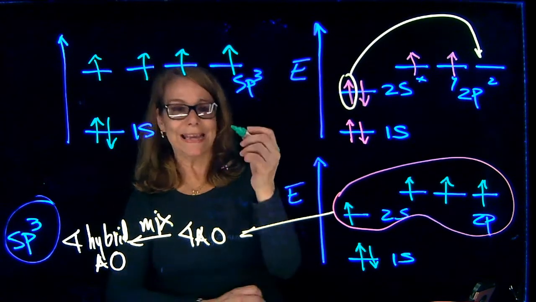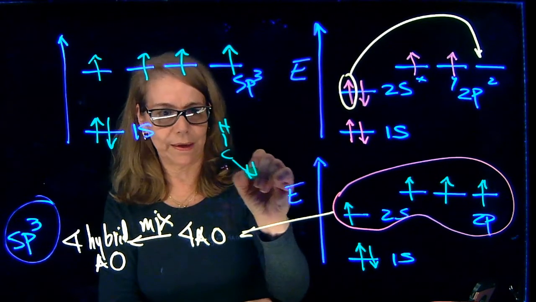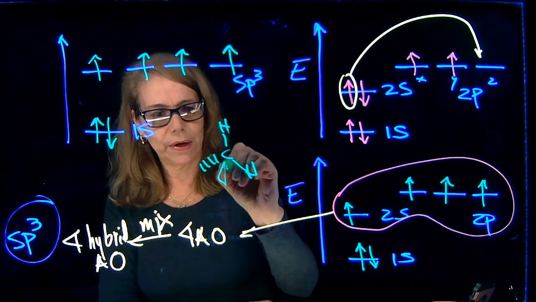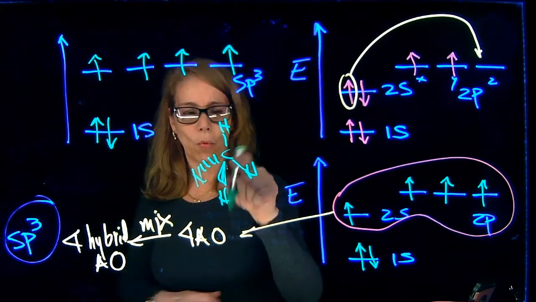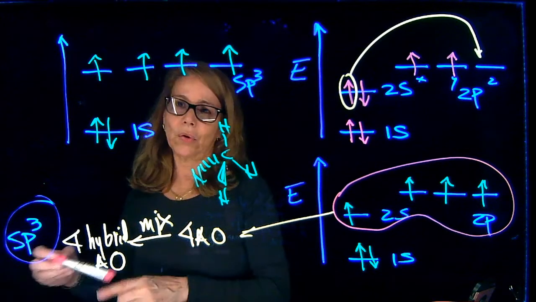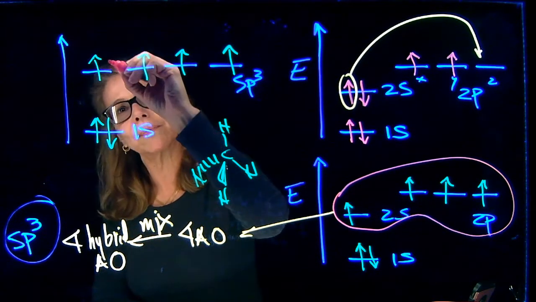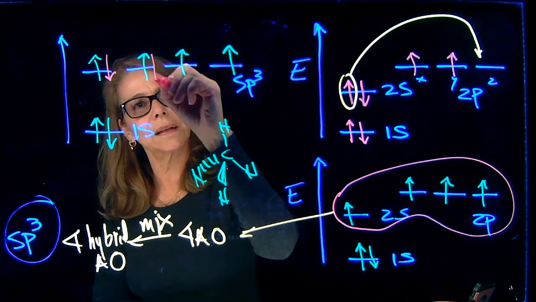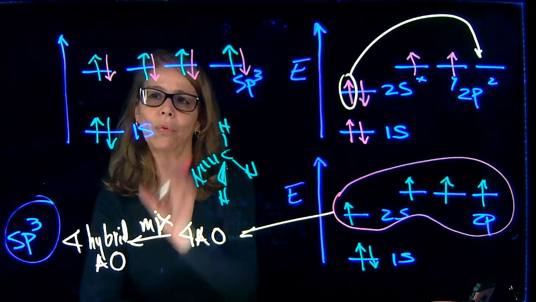This model is able to explain the geometry of methane because here you have 4 bonds to hydrogen, each of these bonds having 1 electron coming from carbon and 1 from the hydrogen. So here I can represent the bonding with hydrogen by adding these electrons coming from the hydrogen, and that is what is in methane.